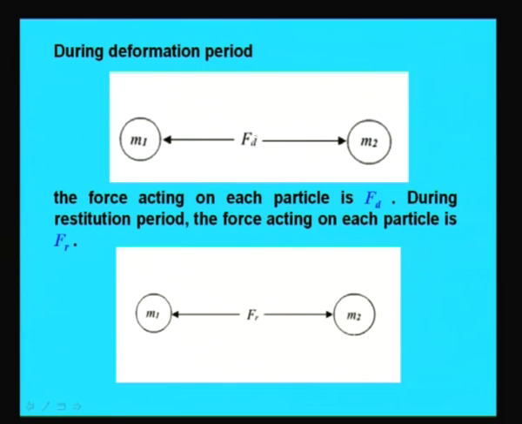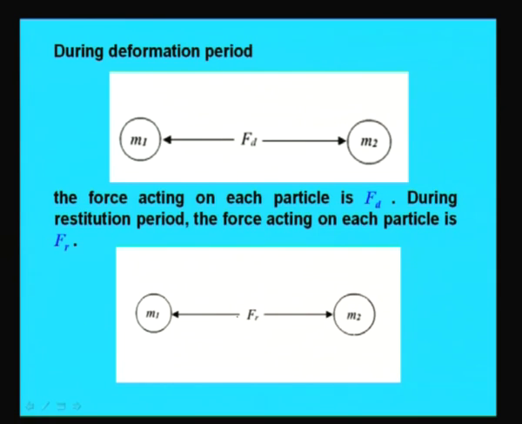In turn, M2 is applying a force on M1 in this direction. The force acting on each particle is Fd. During the restitution period, the force acting on each particle is Fr.